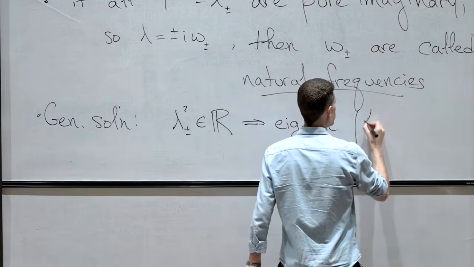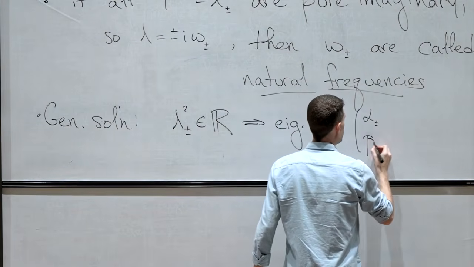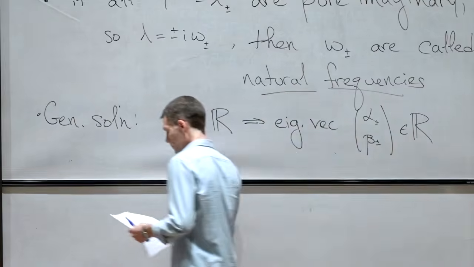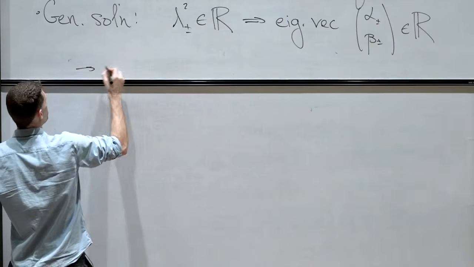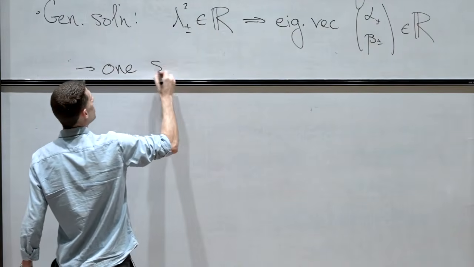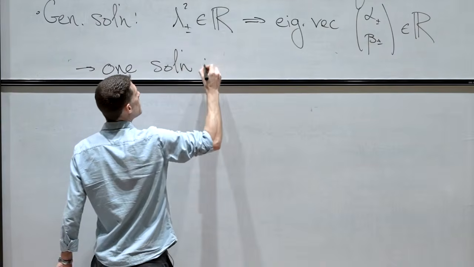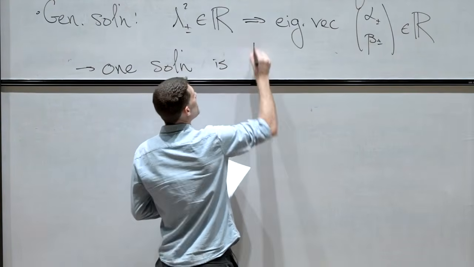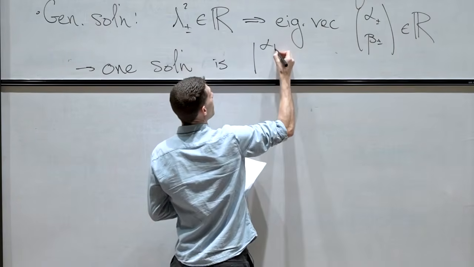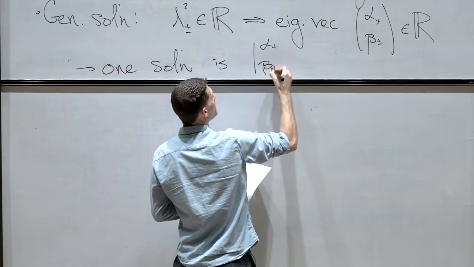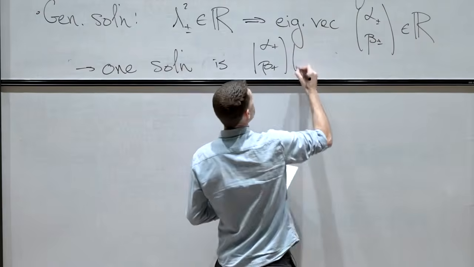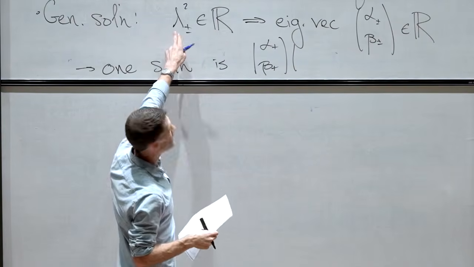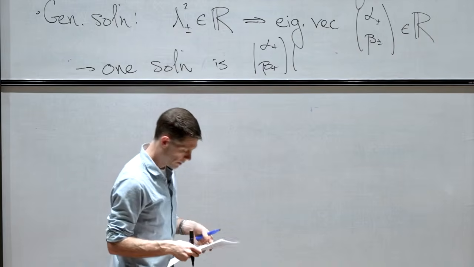Let's call it, say, alpha plus minus beta plus minus are also real, which means that one solution is, say, alpha plus beta plus times e to the lambda t, but lambda's complex.